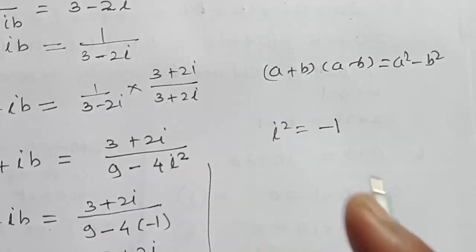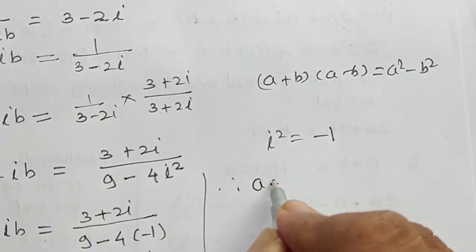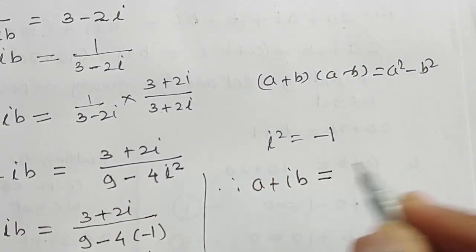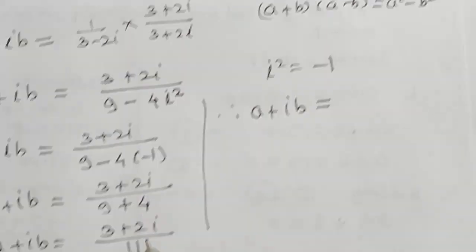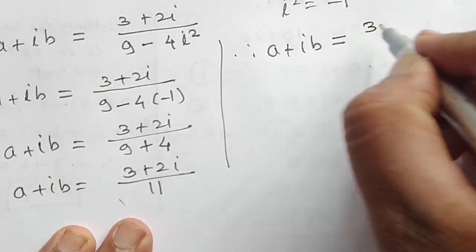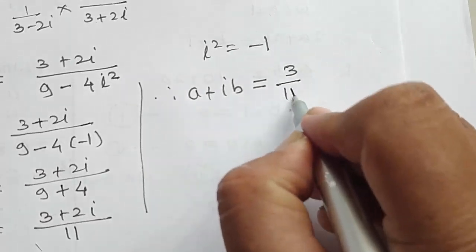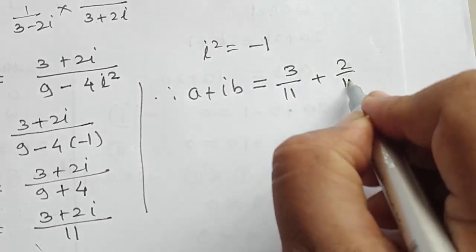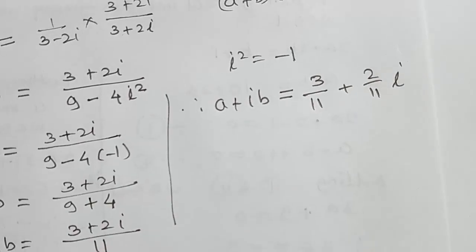Therefore, a plus ib is equal to, we divide 11 into each term of the numerator, that is 3 upon 11 plus 2 upon 11 into i.